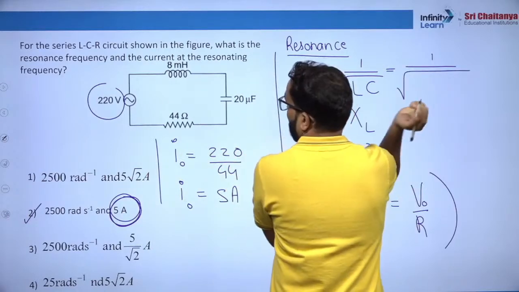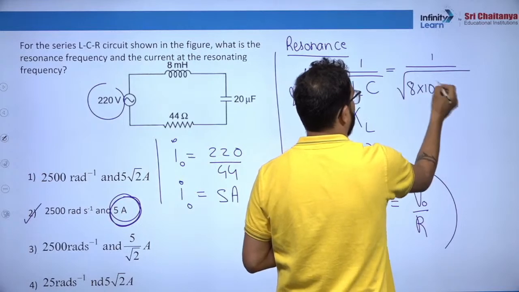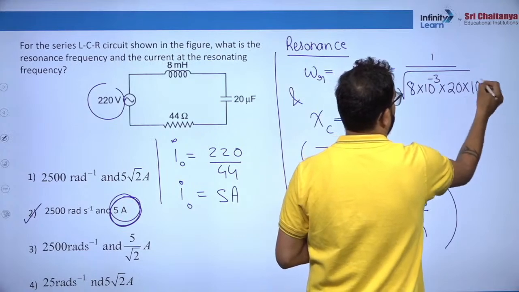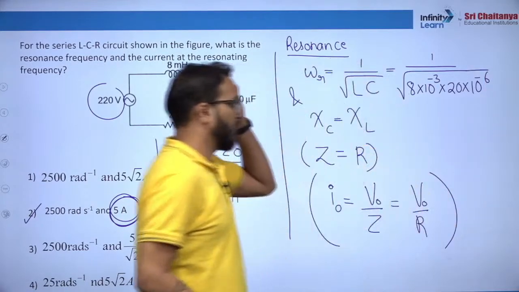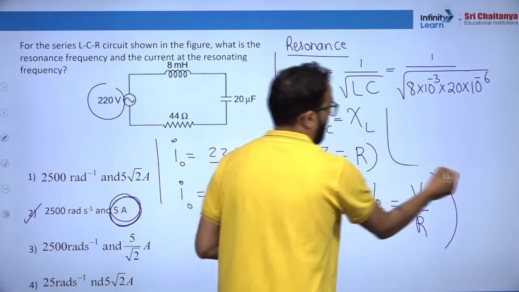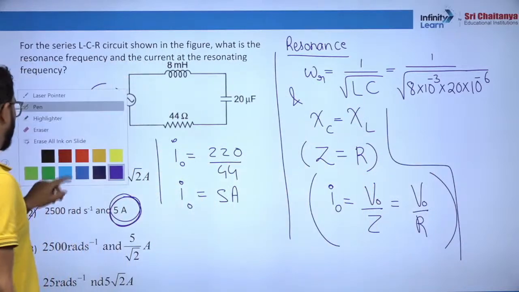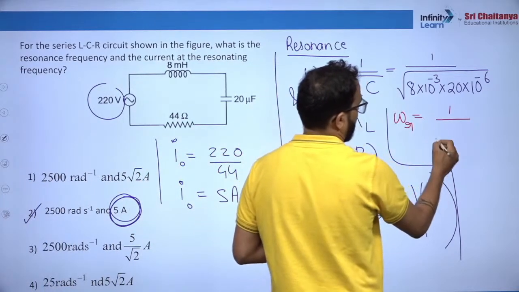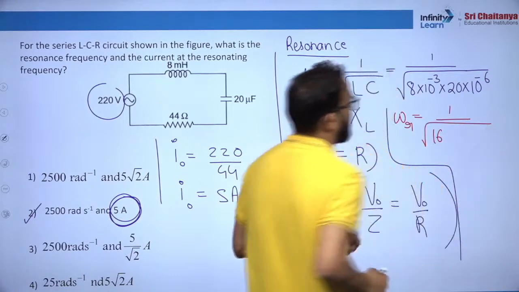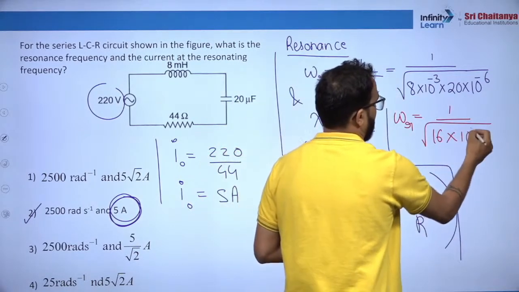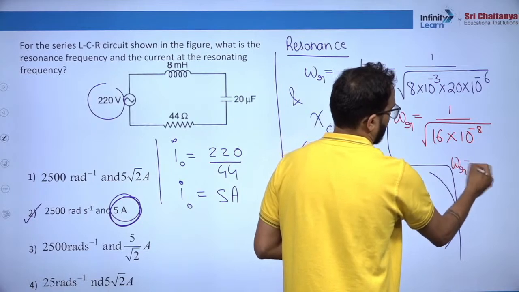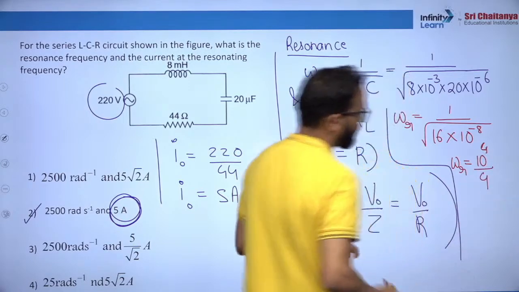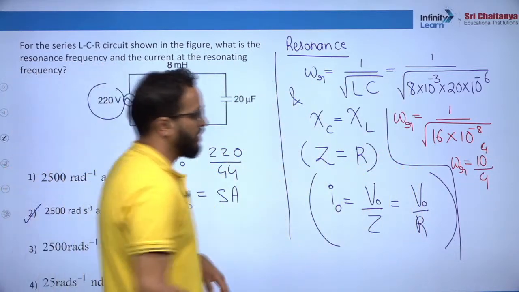L is 8 millihenry, and what is C? 20 microfarad. So if you solve it, I guess it will come out to be 1 upon root over 16 into 10 to the power minus 8, which is 10,000 by 4, that is 2,500.